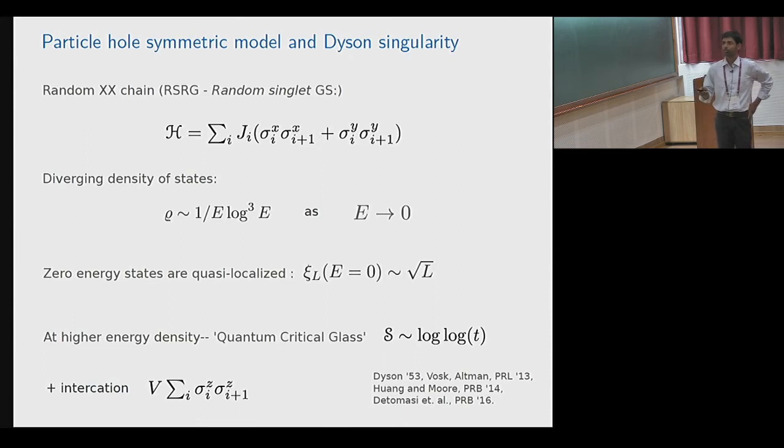The divergence is what is known as the Dyson singularity. Not only that, not all the states in this system are localized. Even though the disorder is as strong as you want, the localization length has certain fluctuations, and the states are quasi-localized, which is very different from the random case, where you have all states exponentially localized.